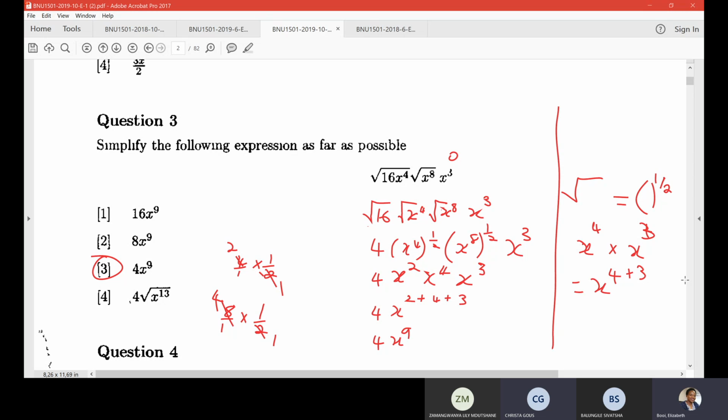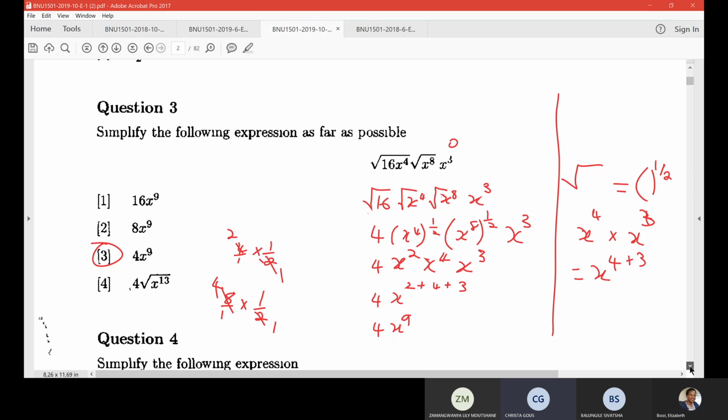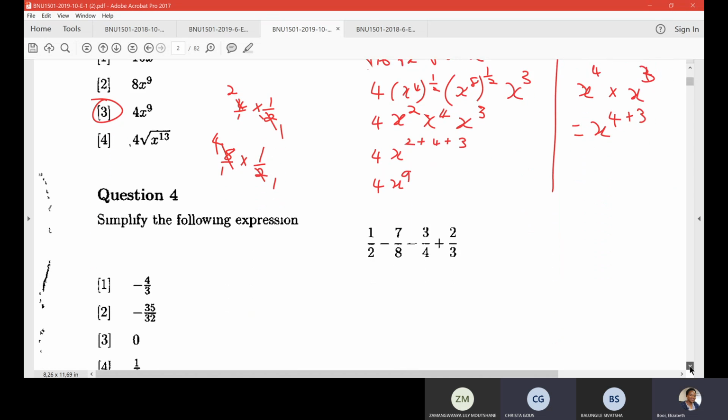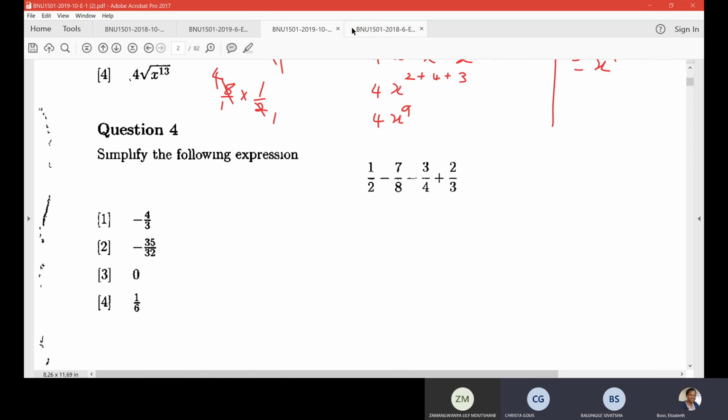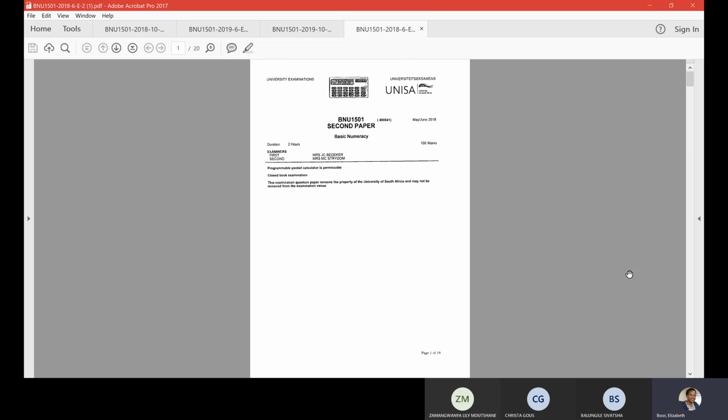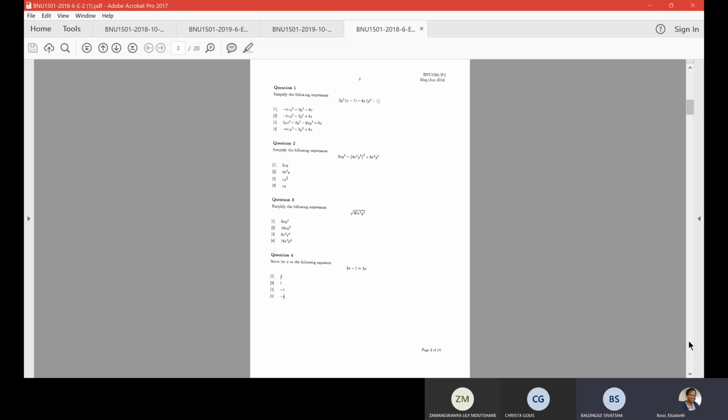Lizzie, is there anything that you can divide, something like a square divided by a square? Do you have anything like that? Yes, you can get something like that. Let's see if any of the exam papers have something like that.